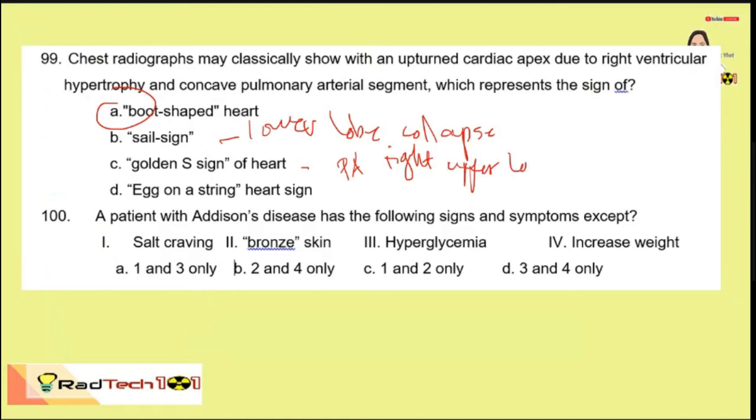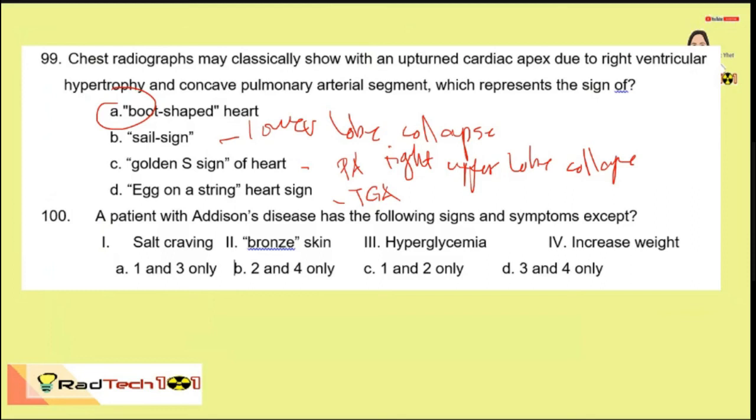Right upper lobe collapse. And then yung egg on a string, common siya sa transposition of the great arteries. So ito yung parang silhouette siya seen on the TGA where the heart appears globular due to abnormal convexity of the right atrial border.